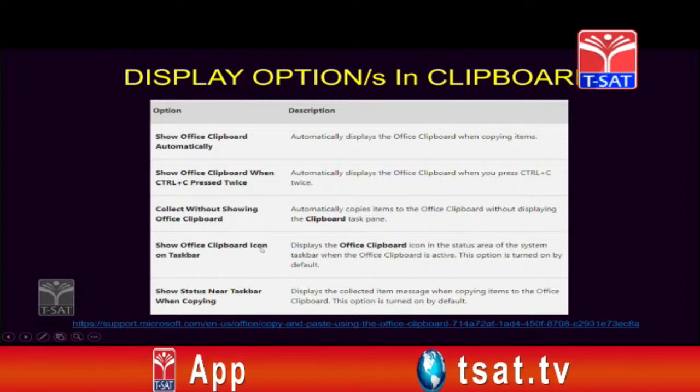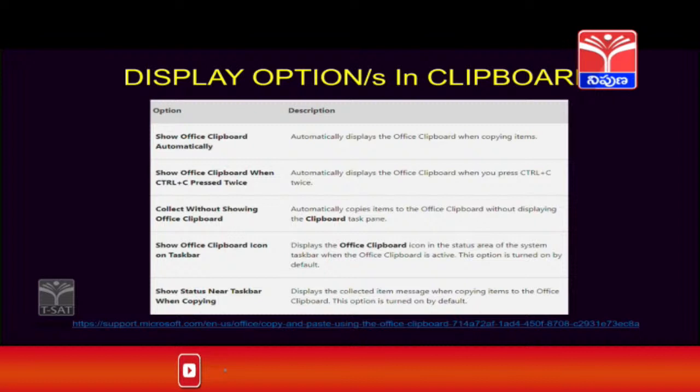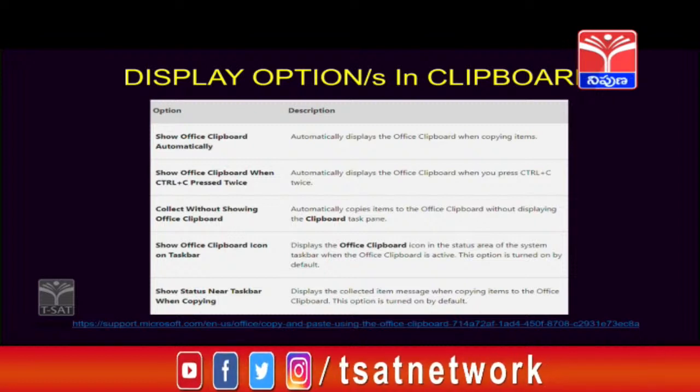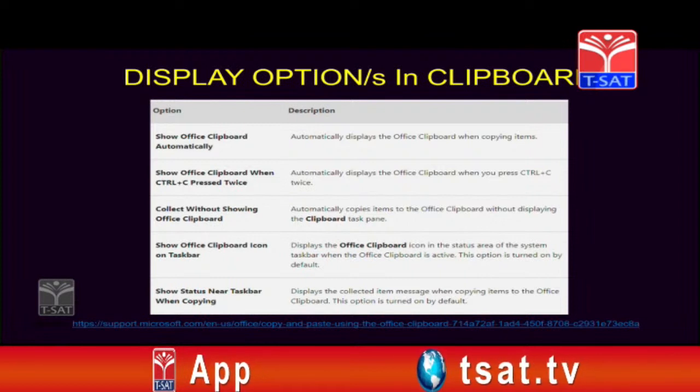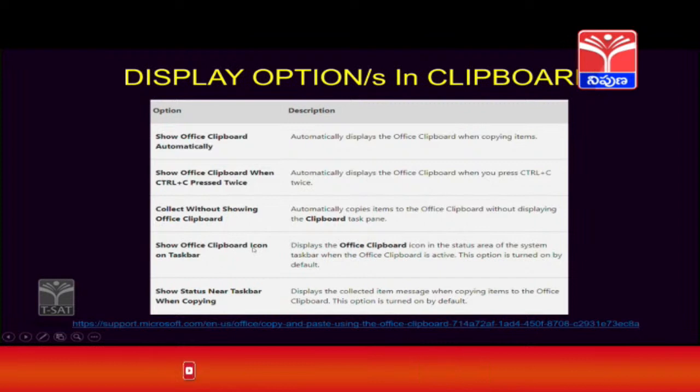Next, we have show the Office clipboard icon on taskbar, like we just now saw on our screen. In the ribbon, in the home tab, we can have our clipboard clearly visible. And the final option is show status near taskbar when copying.